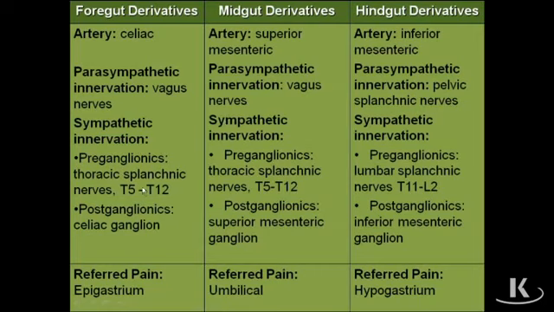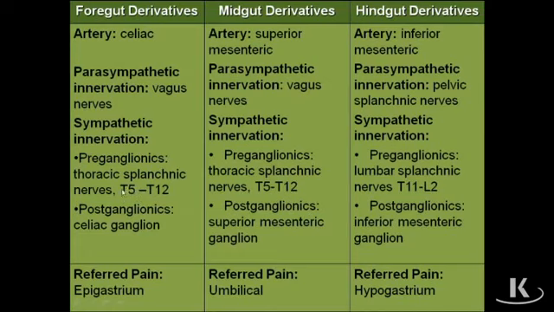So if we know which part of the gut tube an organ comes from, we know what its parasympathetic supply is. Similarly, we said that the sympathetic supply to these visceral organs comes by way of pre-aortic ganglia, and we talked about the celiac ganglion and the superior mesenteric ganglion and the inferior mesenteric ganglion with their postganglionic fibers traveling with the blood supply. So if we know which part of the gut tube the organ is from, we know what its postganglionic sympathetic supply is.